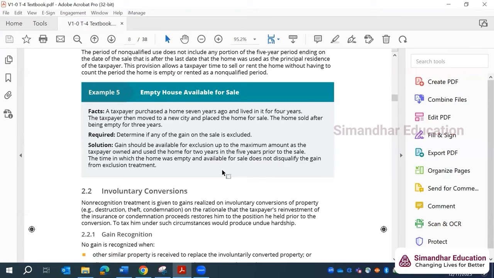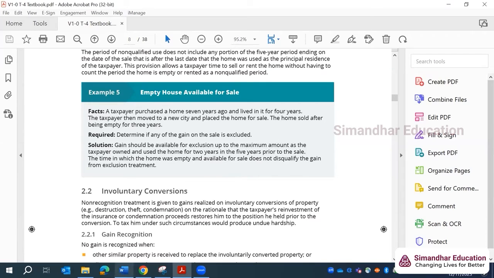So the gain should be available for exclusion up to a maximum amount, as the taxpayer owned and used the house for 2 years in the 5 years prior to the sale. The time in which the house was empty and available for sale does not disqualify the gain from the exclusion treatment. So if you have not used the property for non-qualified purposes and it is just lying empty, you will still be eligible for the exclusion amount.